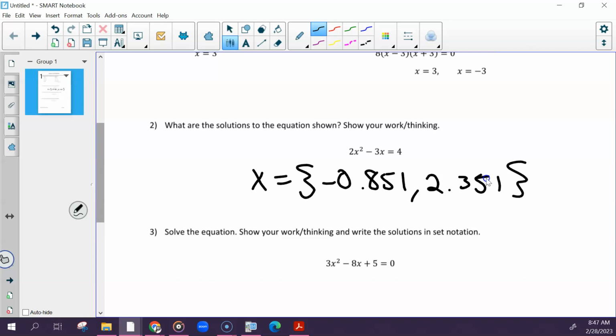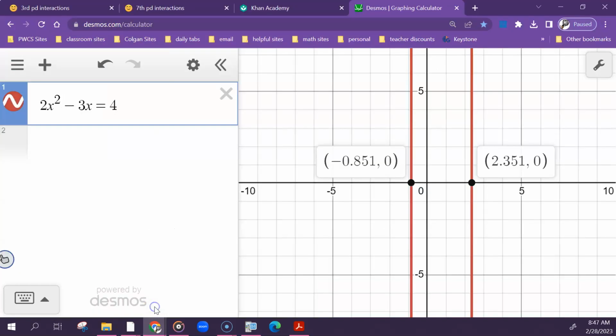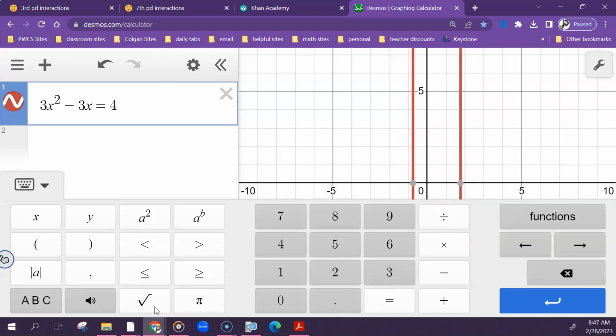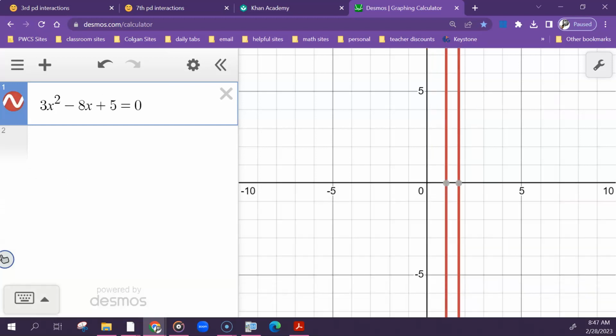Okay. Then do the same thing for 3 and 4. So this one was 3x squared minus 8x plus 1.